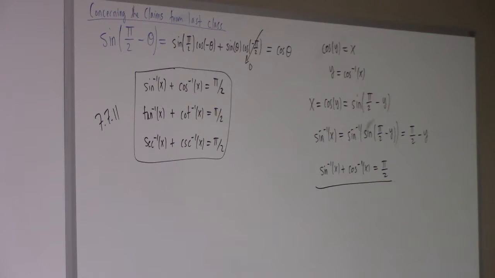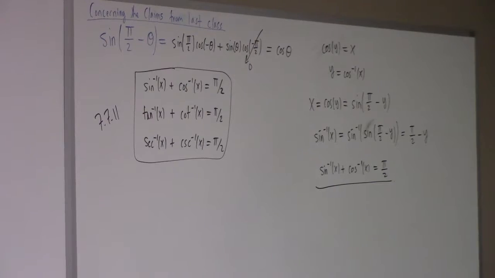Well, cosine of theta, right? Plus rather, sine pi over 2, sine theta. Remember we talked about this the other class. Now cosine of pi over 2 again is 0, and sine of pi over 2 is 1. So what we get is sine theta.